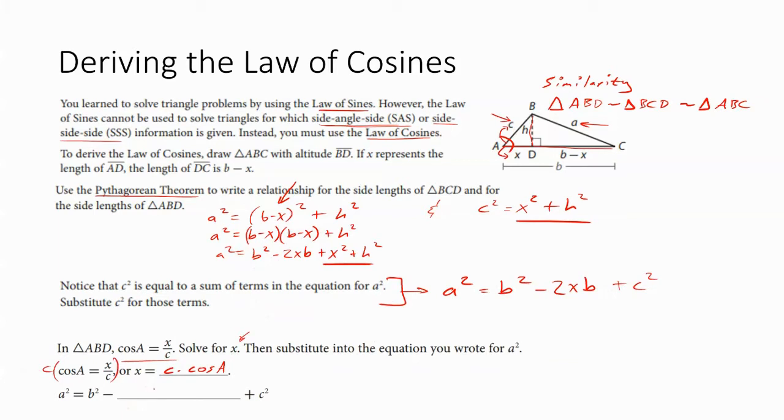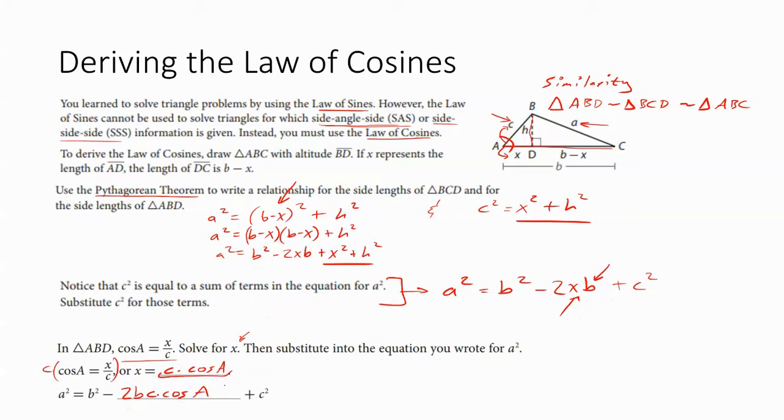So if we substitute that in for x, we're going to get a squared equals b squared minus 2b, because again, that b right there, I'm just staying alphabetical here, and then this part, c times cosine of angle A, plus c squared.